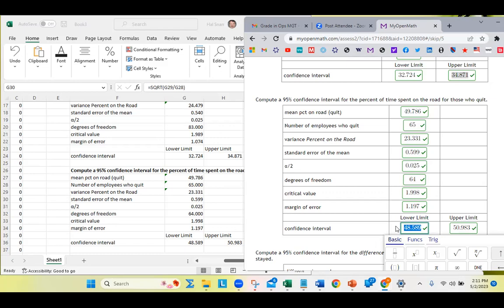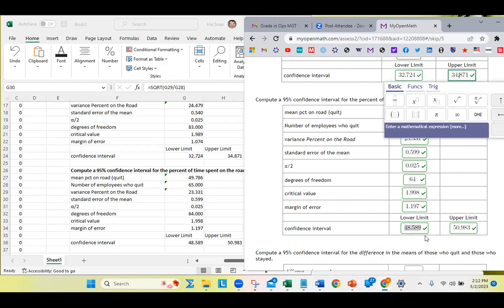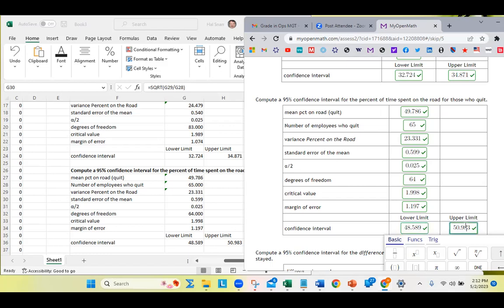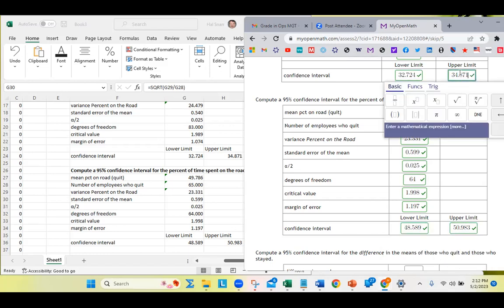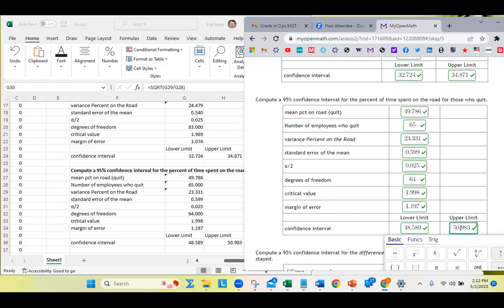If these two intervals overlapped, we'd probably conclude that there's no difference, but they don't overlap, do they? Both these numbers are less than both these numbers. So what we're concluding with 95% confidence is that the employees that quit spend a lot of time on the road, and those who don't quit spend a lot less time on the road.